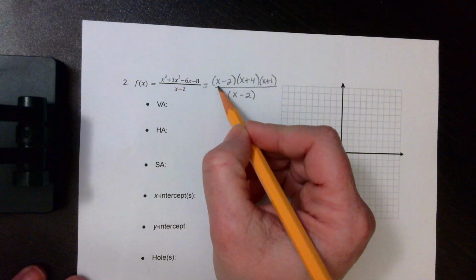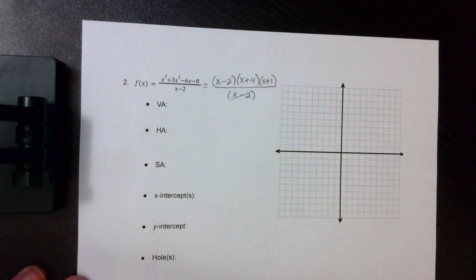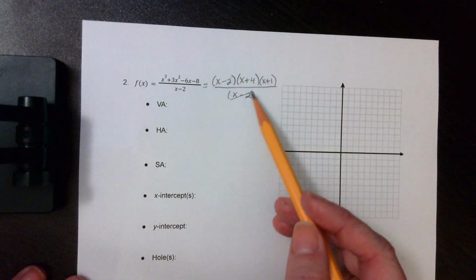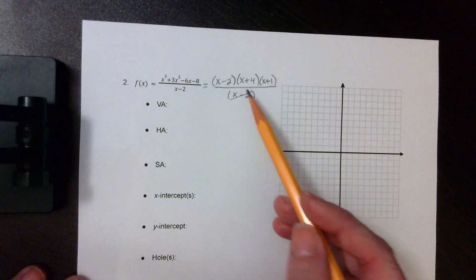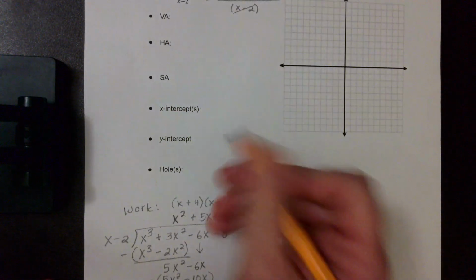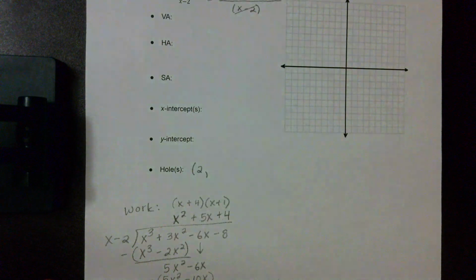So looking at this, I can see that x minus 2 is going to divide out. Because the factor of x minus 2 divides out, the x that would make this equal to 0 is 2. So for my hole, I'm going to know that my x coordinate is 2.